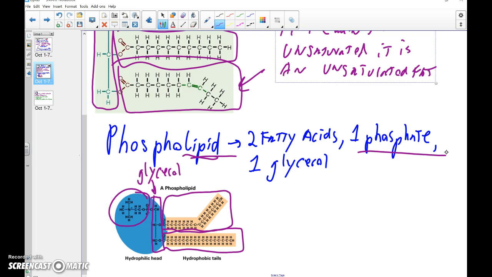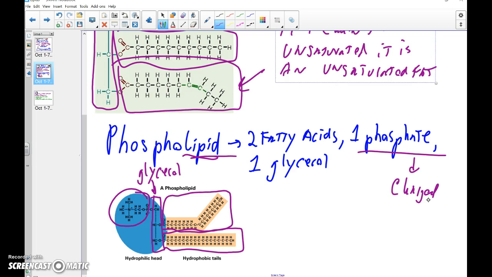Very similar phosphate group to what you see in the nucleotide structure, okay? And what ends up being important is that this is charged, and so this becomes a really weird molecule where part of it loves water and part of it doesn't, and that becomes very important in the structure of cell membranes. And we'll get into that a little bit more when we talk about cell membranes.